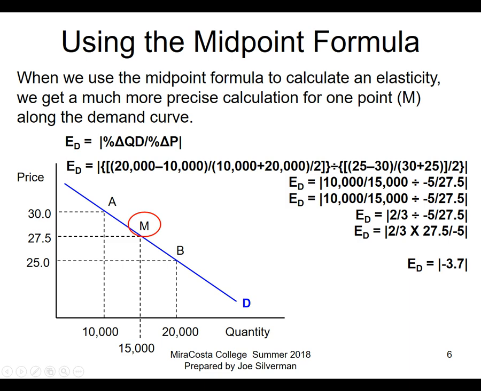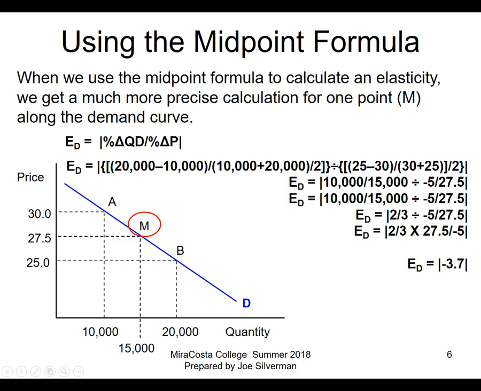So what do we have? We have 10,000 divided by 15,000, and that's in the numerator portion of our complex fraction. And then we're going to divide that by negative 5 divided by 27.5. All right, so this is what we've got set up.